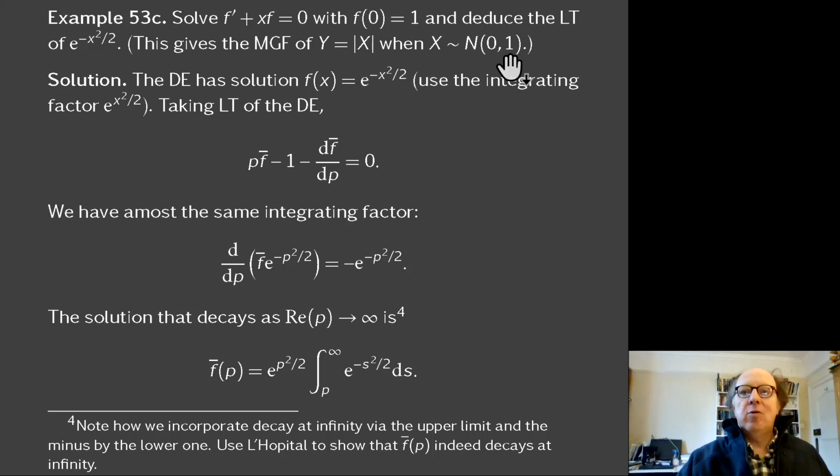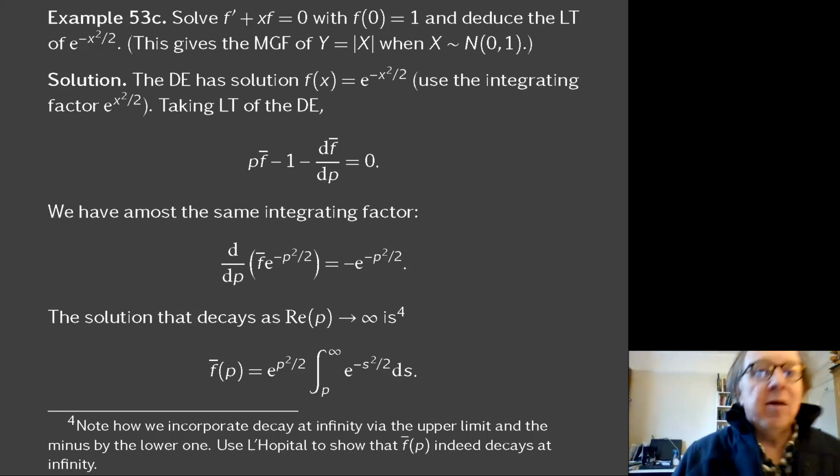So if you take a standard normal random variable x, and then you take its absolute value, call that y, it is clearly a positive random variable, and its density function is just twice the density of the standard normal on the interval 0 to infinity. And this will give you the moment generating function of that random variable. The moment generating function of the standard normal is just e to the t squared over 2.